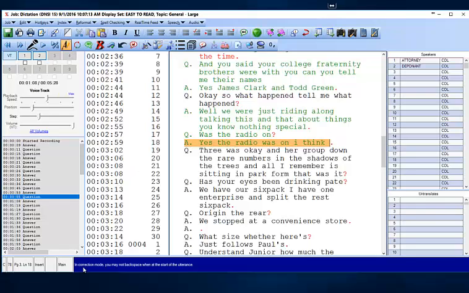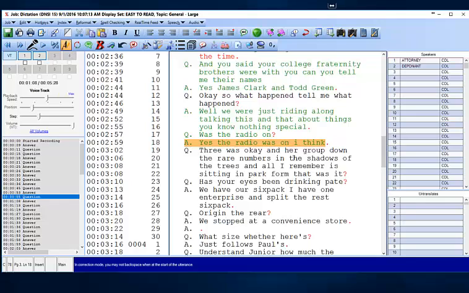You see this error here, it says in correction mode, you may not backspace when at the start of the utterance, meaning the next utterance. So we always want to make sure that we stay within the orange section.